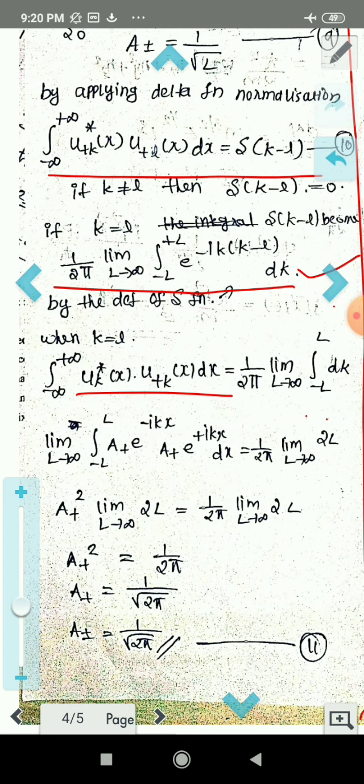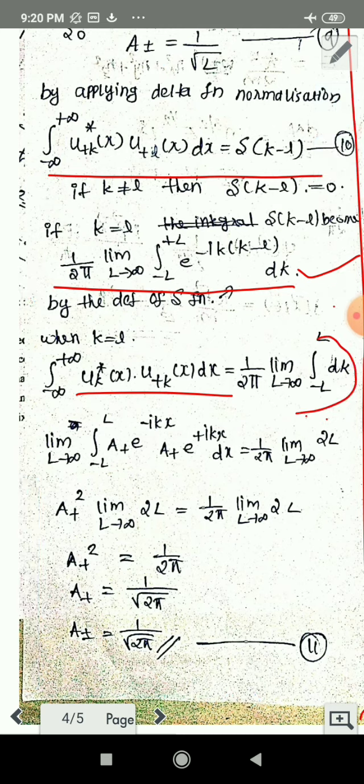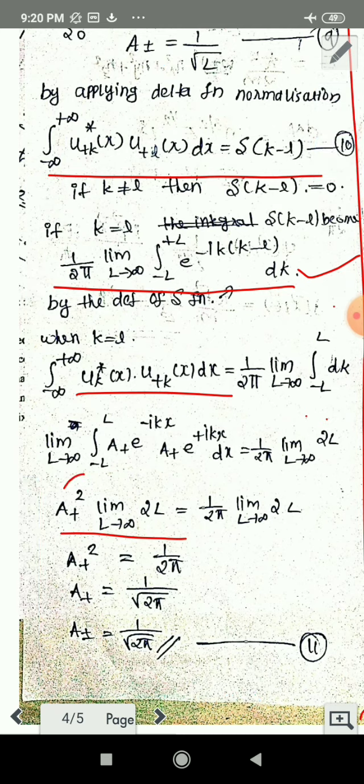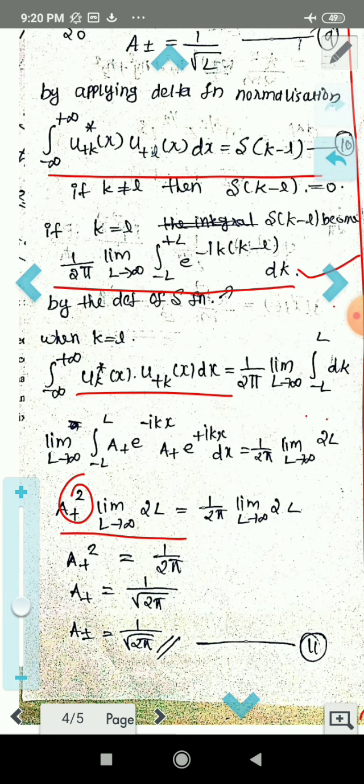which is equal to 1 by 2 pi into integral, this will become 2L, that is L minus of minus L will become 2L, and we got this term will become A square into limit L tends to infinity 2L, is equal to 1 by 2 pi into limit L tends to infinity 2L, that is A plus square is equal to 1 by 2 pi.